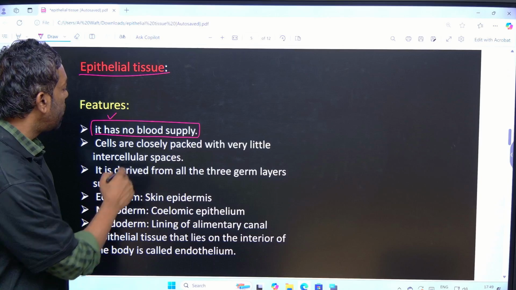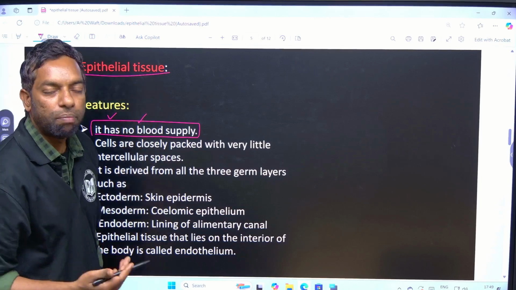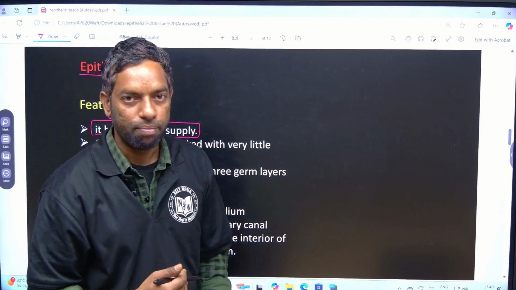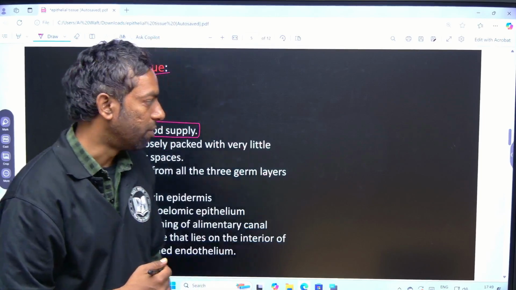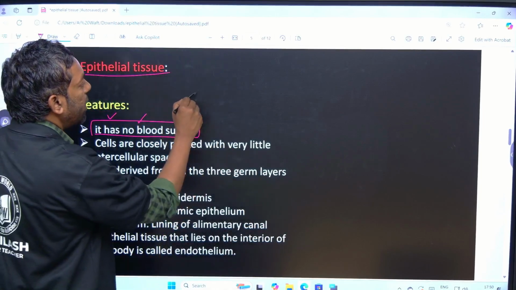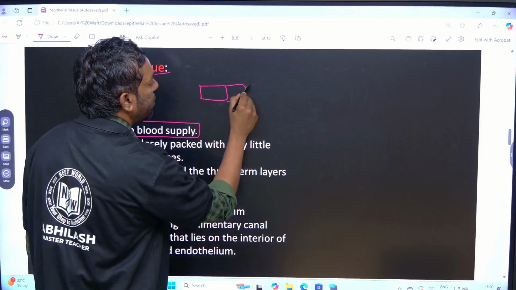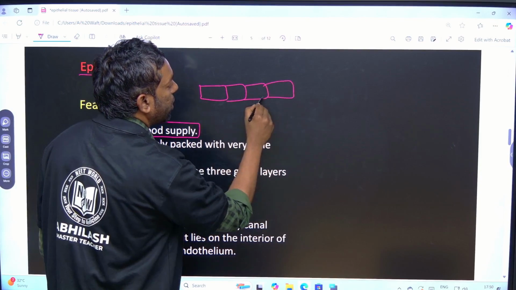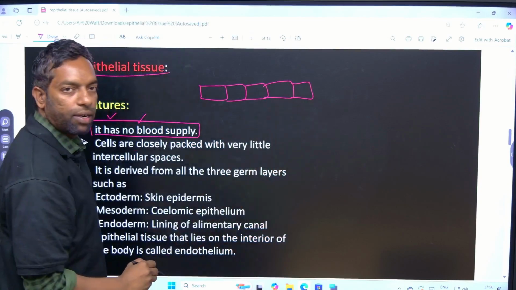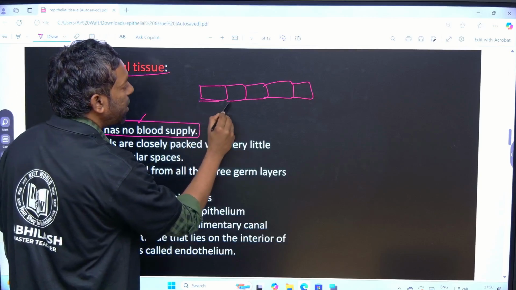How can they not have a blood supply? Without blood, how can they survive? Here is a layer of the epithelial tissue with the basement membrane.